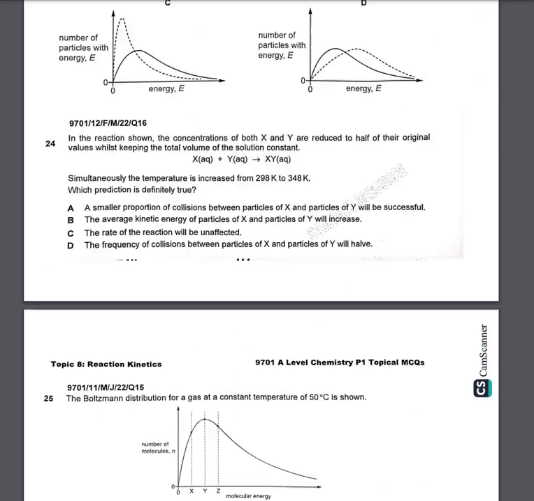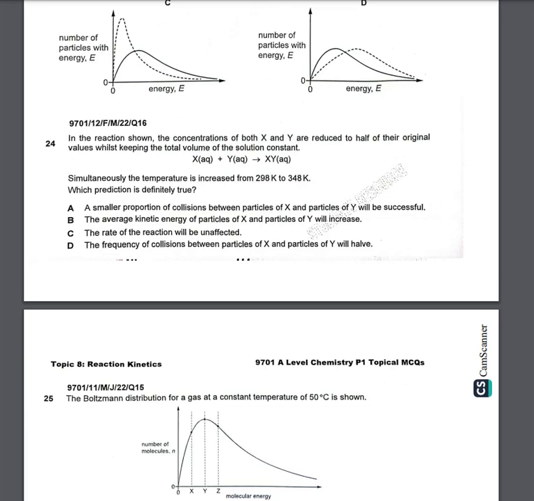Anyways, question number 24. In the reaction shown, the concentration of both X and Y are reduced to half of their original values, whilst keeping the total volume of the solution constant. So this is the reaction, and you have now decreased the concentration of the reactants.